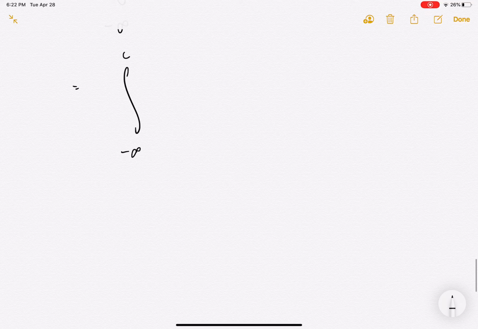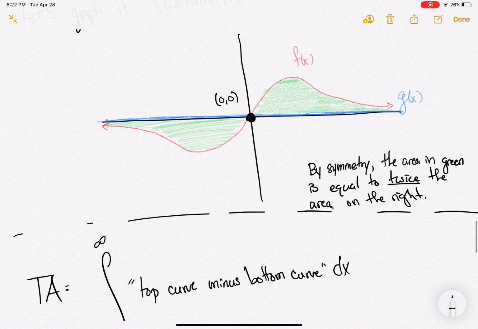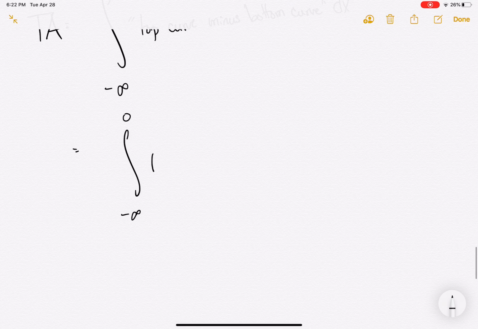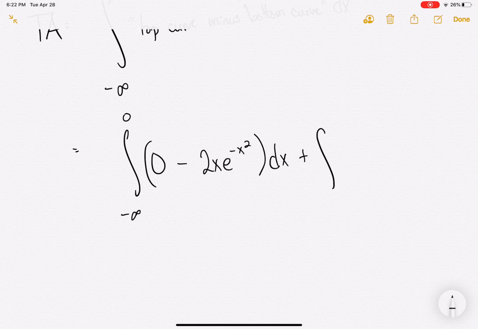From minus infinity to 0, the top curve there is 0, and the bottom curve there is f, which is 2x e to the negative x squared, dx, plus the integral from 0 to infinity, and then the curves just switch places, f minus 0, dx.